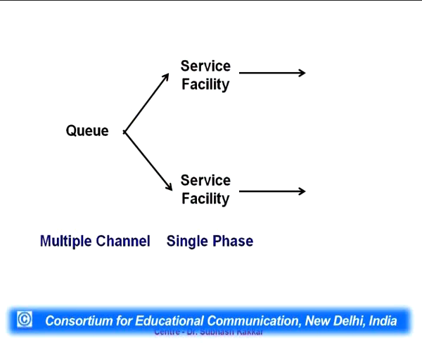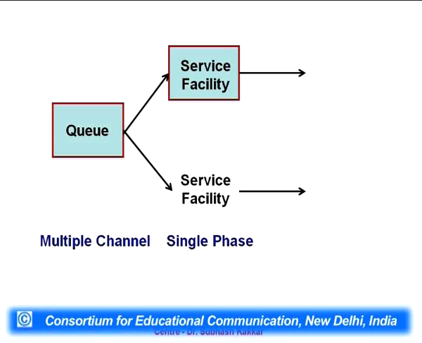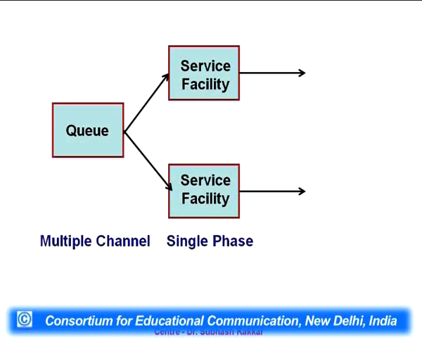Now, multi-channel and single phase. Here from the queue we see that 2 arrows are coming out, and these 2 queues are leading to the service facilities. There are 2 service facilities, but each service facility is attached to one queue.